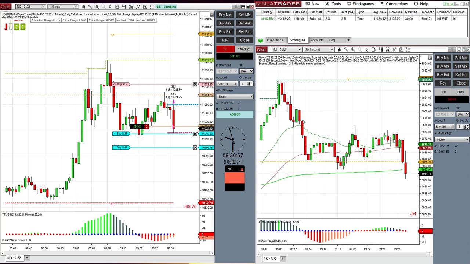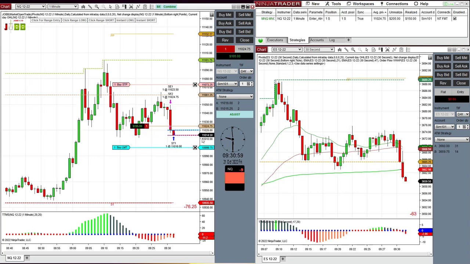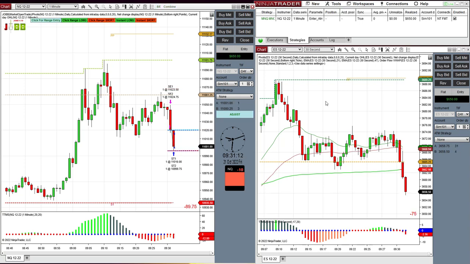If it hits my first target, it'll start to trail. See, it's trailing now. Bingo. Okay. I was only trading signals this morning. I thought it might go long.